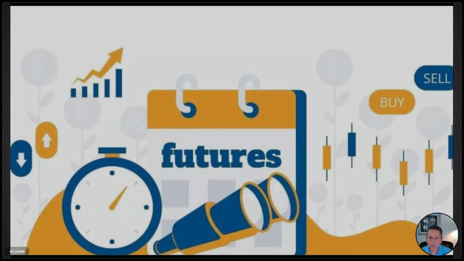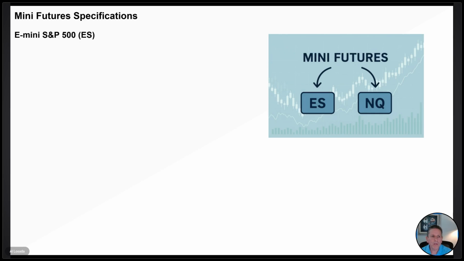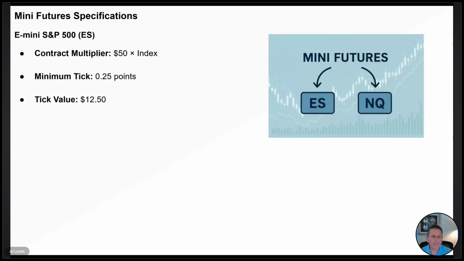All right, so let's talk about the futures. You have E-mini futures. These are ES futures. Okay, the contract multiplier is 50. Minimum tick is .25.